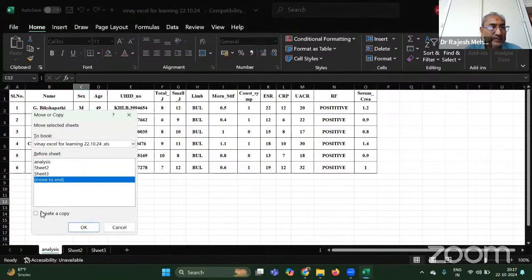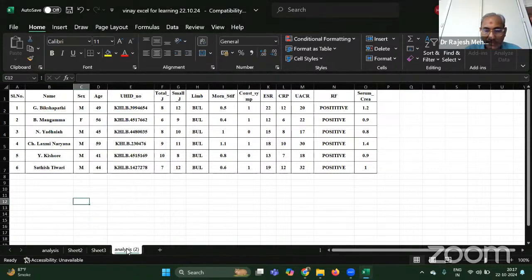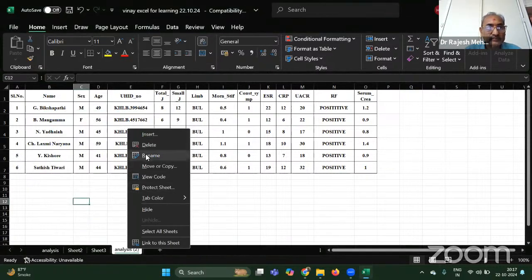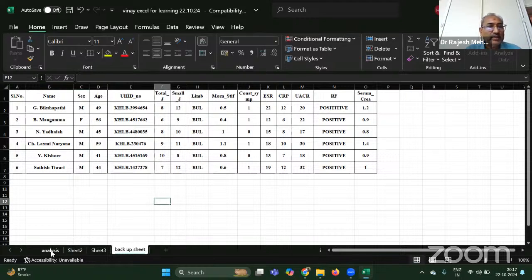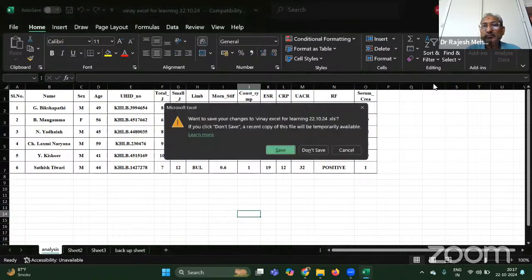Then get a copy, and you can write this is a backup sheet. Now let us try to do it in Epi Info.